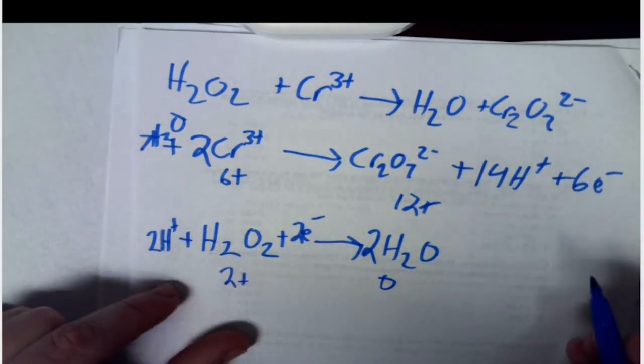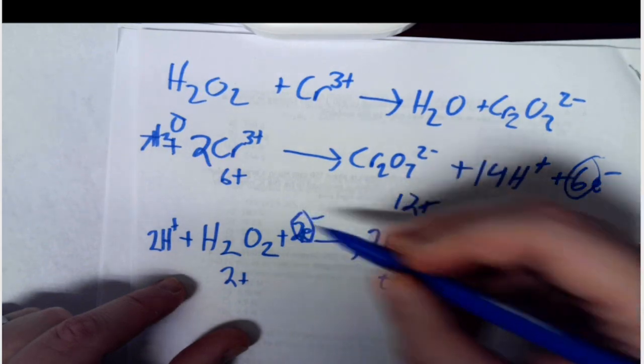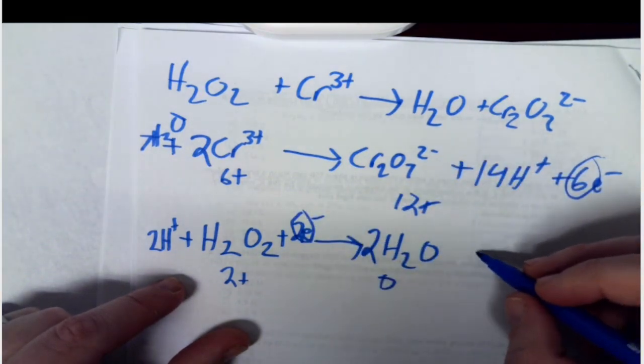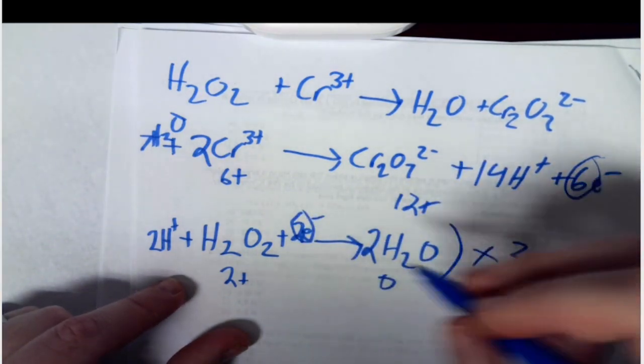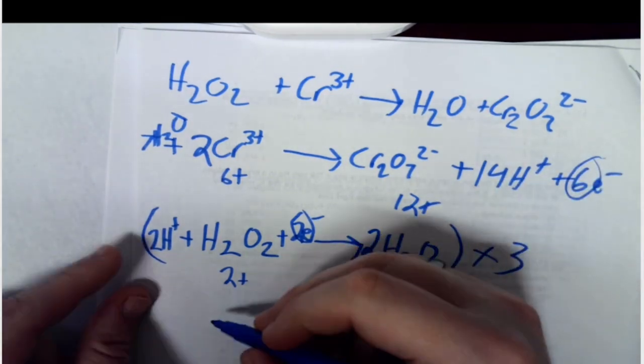So, the greatest common factor between 6 and 2 is 6. So we're going to multiply this reaction by 3, and this one doesn't need to be multiplied at all.